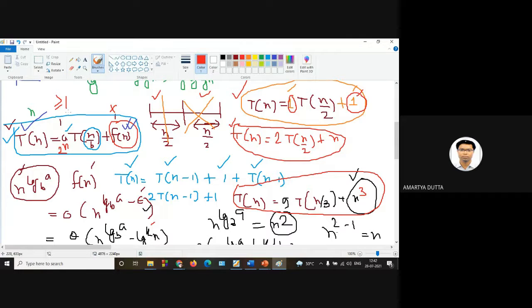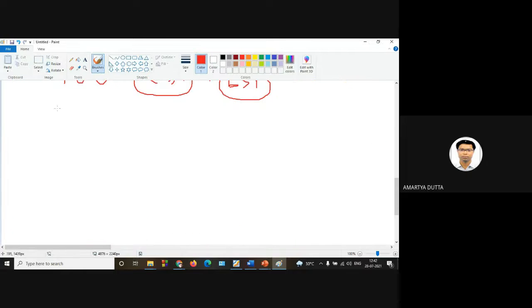Now, T(n) = 2T(n/2) + n log n. This is a special case of the master theorem. We can't apply the master theorem in this particular form.